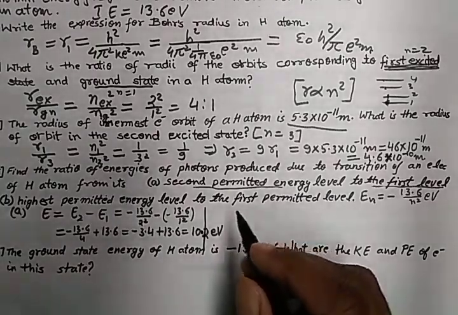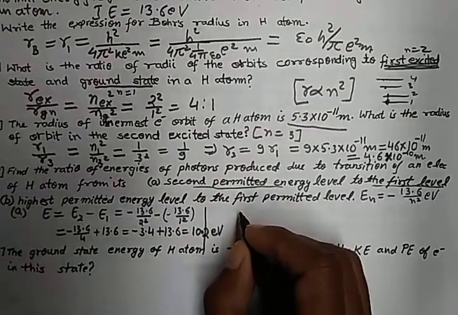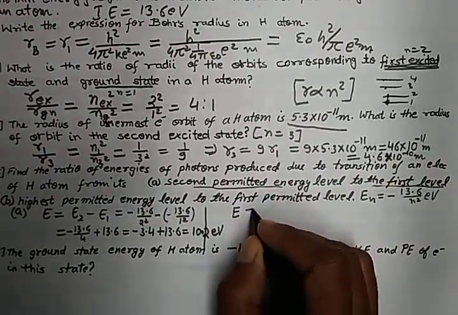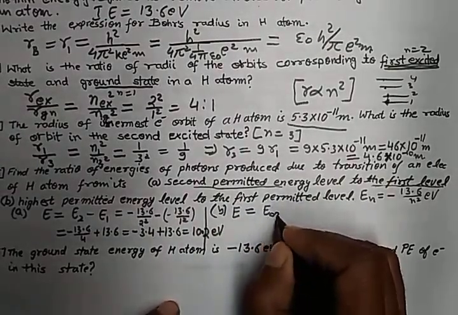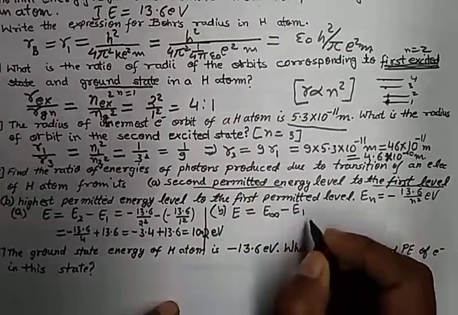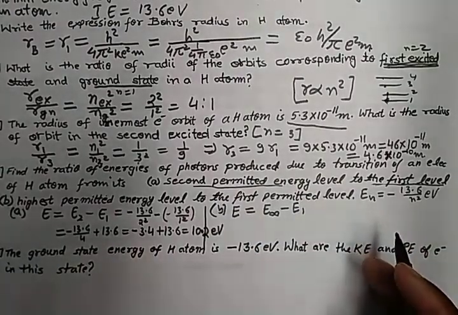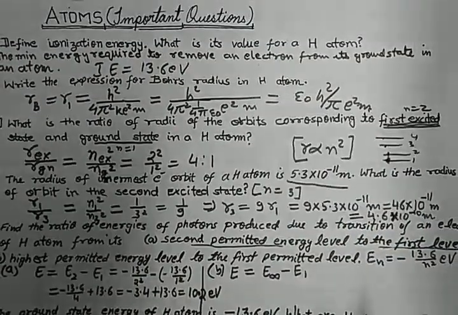Okay, and now the highest permitted energy level. The highest permitted energy level is infinity. So here, B part, E infinity minus E1. I'm not doing it anymore because I have done a similar kind of question in the beginning here.